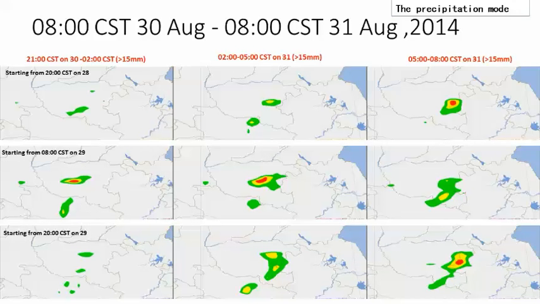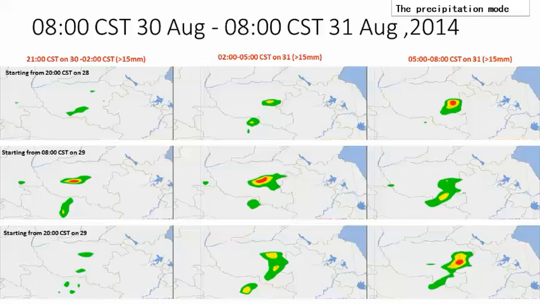In order to recognize the precipitation mode, here is a case to give you an idea of it. The first line is the model forecast of the 3-hour precipitation at the initial time of 20 o'clock on the 28th. The second line is the model forecast of the 3-hour precipitation at the initial time of 8 o'clock CST on the 29th.